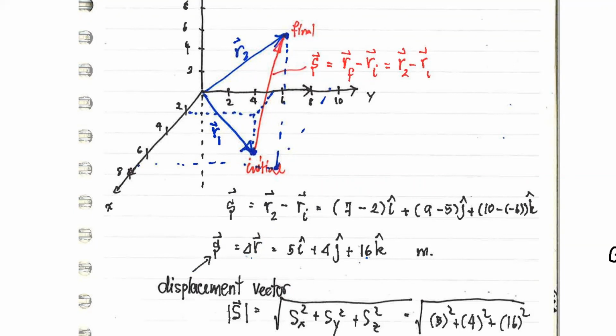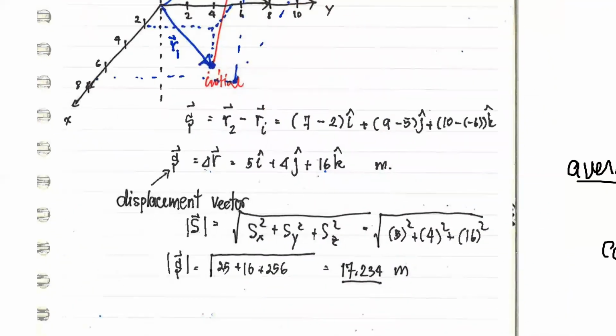And the resultant displacement vector is 5i plus 4j plus 16k. And to find the magnitude, you square every term and then take the square root. The magnitude of S is the square root of Sx squared plus Sy squared plus Sz squared. And you get the result of 17.234 meters, or 17 meters. And that's how to find the displacement and magnitude in rectangular coordinates.